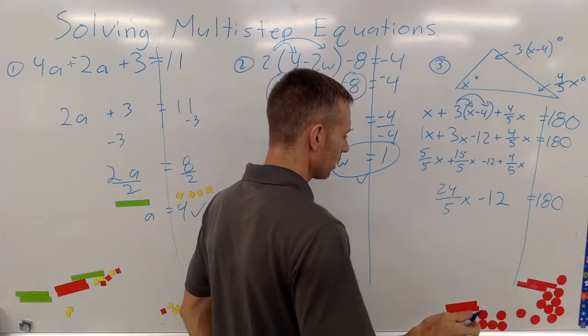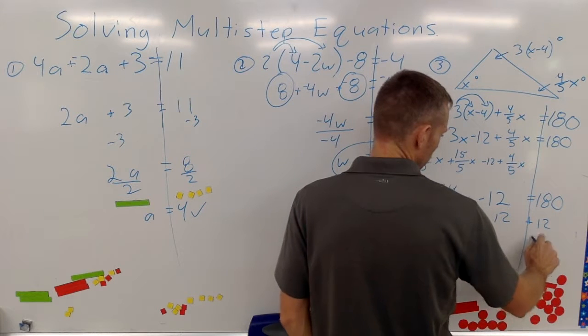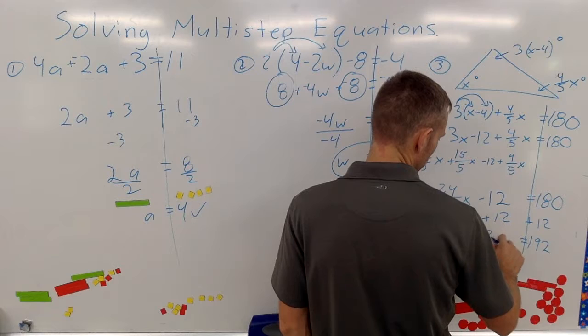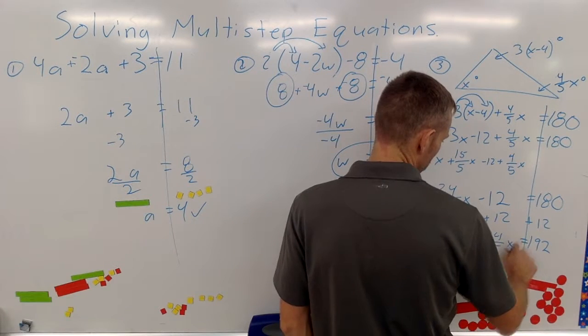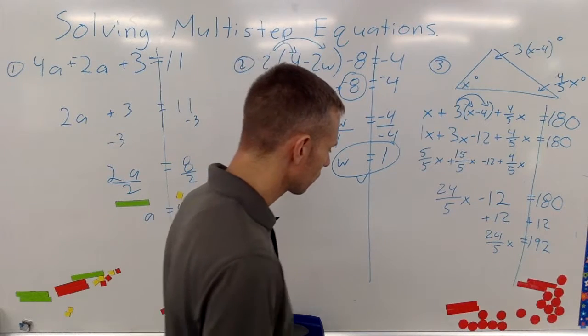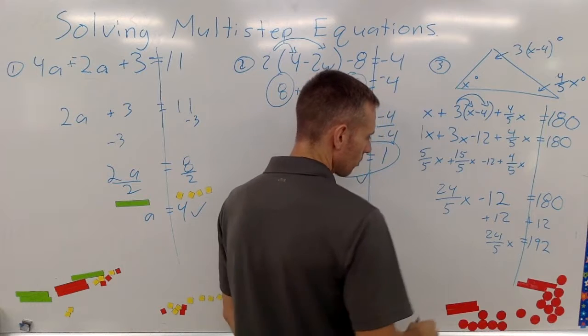So now this is just like a two-step equation. I'm going to add 12 to both sides, and I get 192 equals 24/5 x. Now, that's not super easy, but we can still do it. X is being multiplied by 24 over 5.